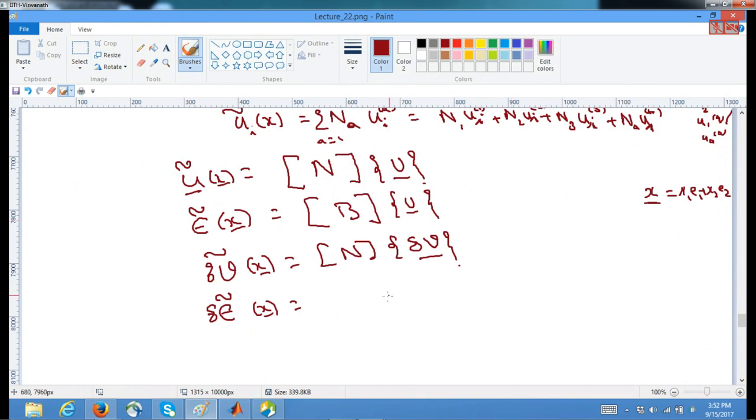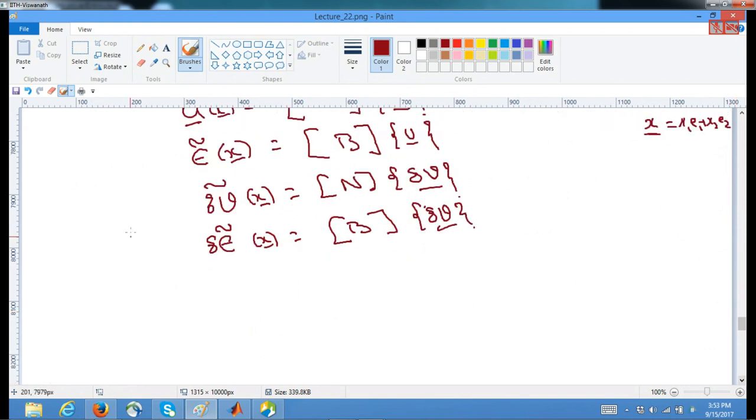Anyway, the virtual strain is given by the strain displacement matrix, the same one, times delta v bar. We use this definition, and further we know that sigma equals D times epsilon.